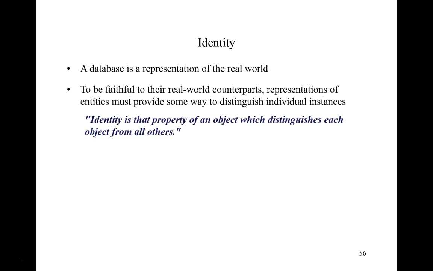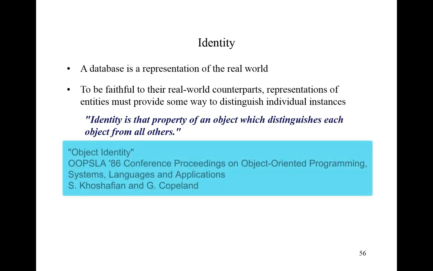Identity is that property of an object which distinguishes each object from all others. This is a definition that comes from a paper presented by Khoshafian and Copeland at a conference in 1986. The authors note that identity has been addressed in programming languages and in database languages.